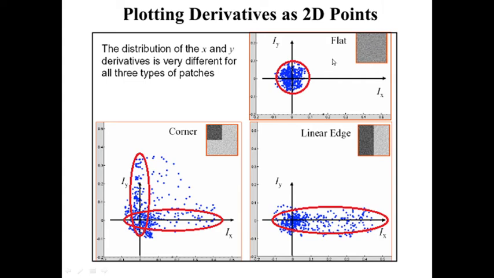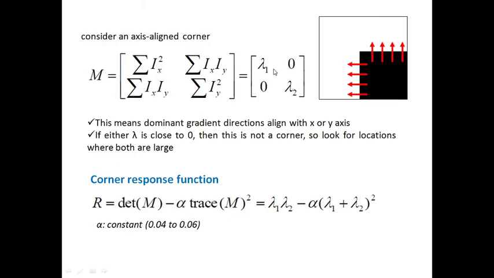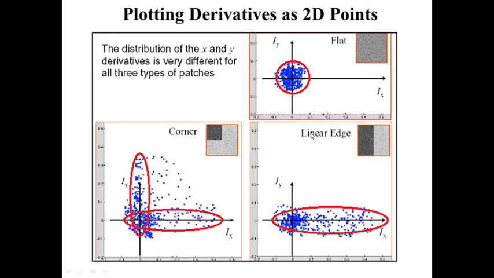That means both the gradients, lambda 1 and lambda 2, will be very small. Lambda 1 and lambda 2 I can also call the eigenvalues. So both the gradients along x as well as along y are very small. So that is why I have represented this with a circle.